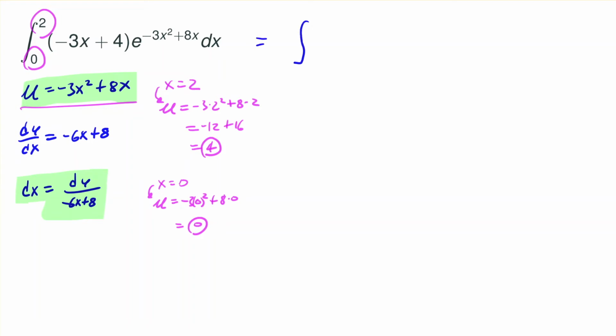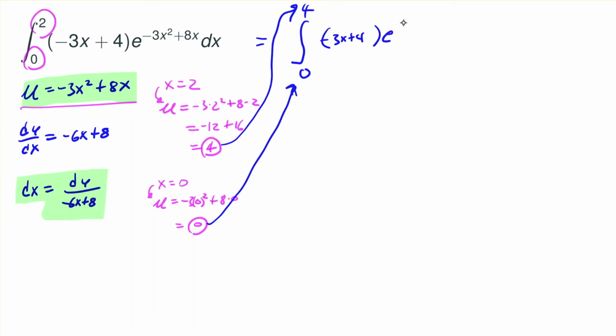When I write this, substituting in terms of u, we have 0 and 4 now: 4 from here, 0 from here. So then we have negative 3x plus 4 times e to the u, and dx is the same as this right here, du over negative 6x plus 8.